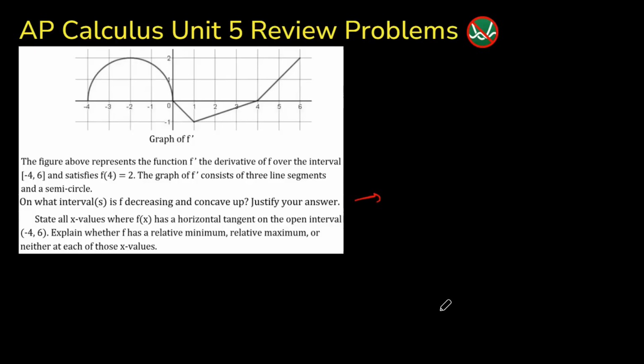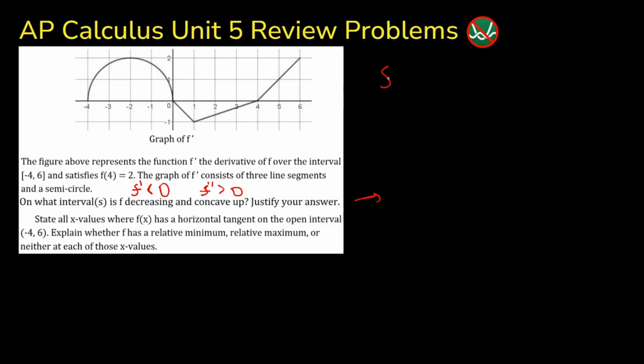We know a function is going to be decreasing when f prime is negative and concave up when the second derivative is positive. So we can see that the derivative is negative between x equals 0 and x equals 4. To get the second derivative from the first derivative, the second derivative is the rate of change of the first derivative.